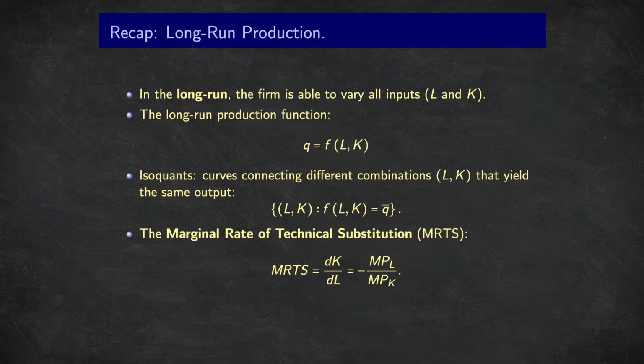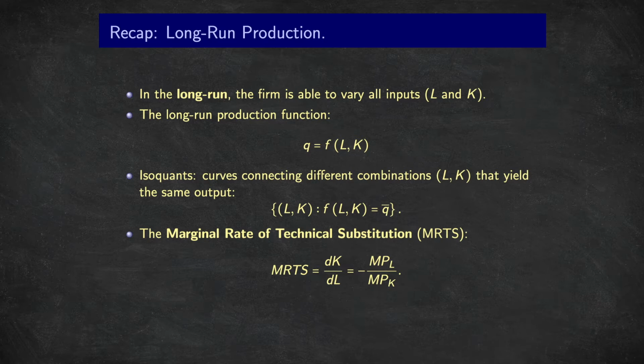Let's begin with a quick recap of some of the material on long-run production that we introduced in Lecture 12. Remember, the definition of the long run is that the firm is able to vary all inputs, so both labour and capital are variables. We're not assuming that these are fixed. The firm can choose any quantity of these variables.